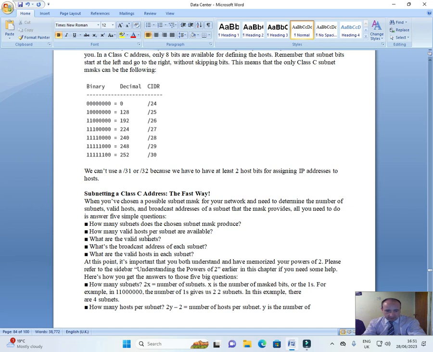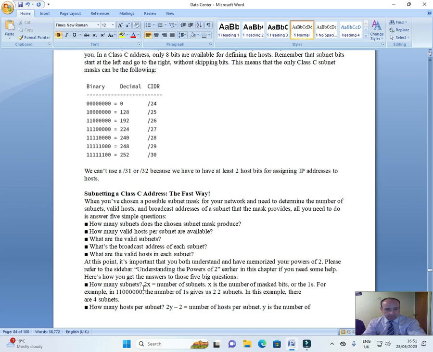How many valid hosts per subnet are available? What are the valid subnets? What's the broadcast address of each subnet? What are the valid hosts in each subnet? At this point, it's important that you both understand and have memorized your powers of 2. Please refer to the sidebar, Understanding Powers of 2, earlier in this chapter. If you need some help, here's how to get the answers to the 5 big questions.